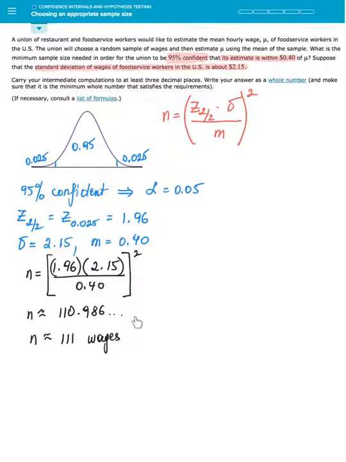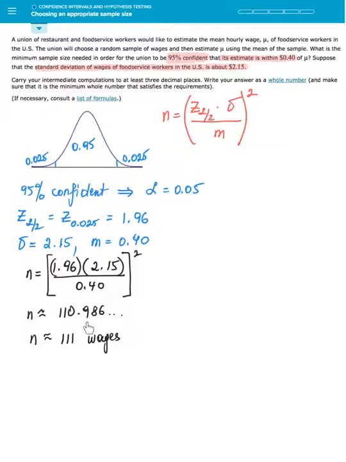Please remember, as it is stated right here, make sure that it is the minimum whole number that satisfies this requirement. Therefore, whenever you are solving for the sample size, always round up to a whole number, not looking at the size of the digits. So the typical rounding rules should not be used here.